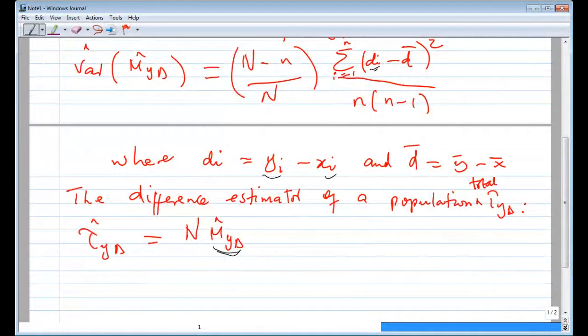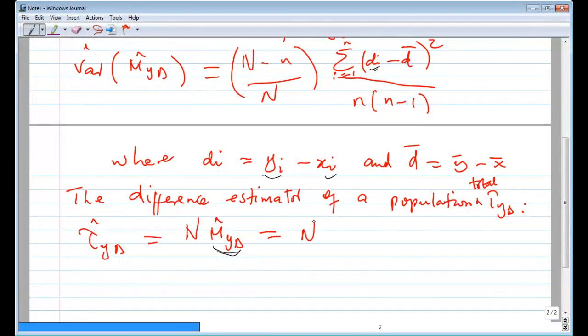Down here. So all in all, you're going to have what? Population size multiplied by mu x plus d bar.